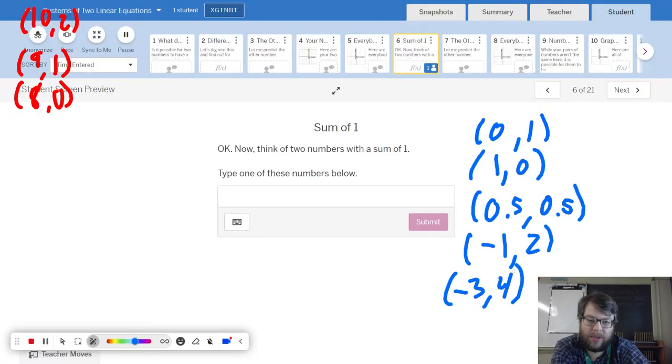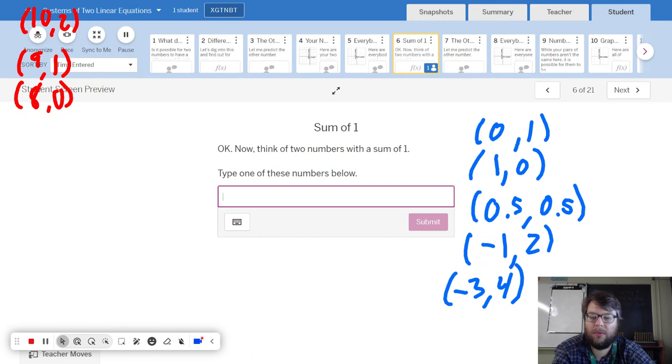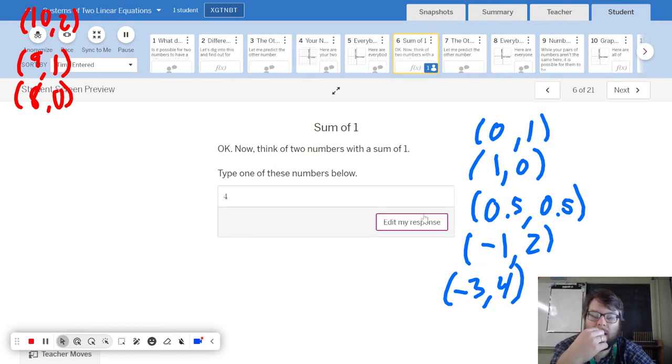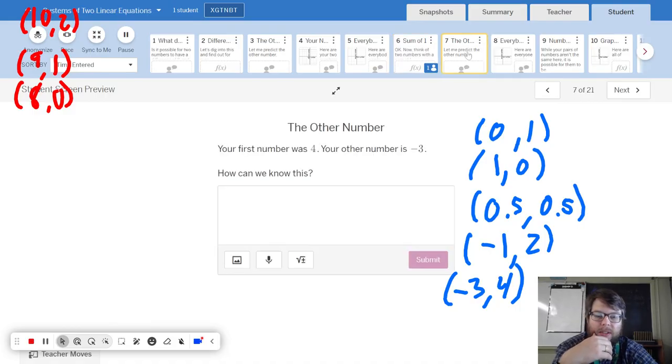And what we can see is there's actually a lot of different numbers that work out here. I can type two numbers with a sum of 1. Let's type in 4. And on the next screen, it'll predict the other one is negative 3, 4 and negative 3.